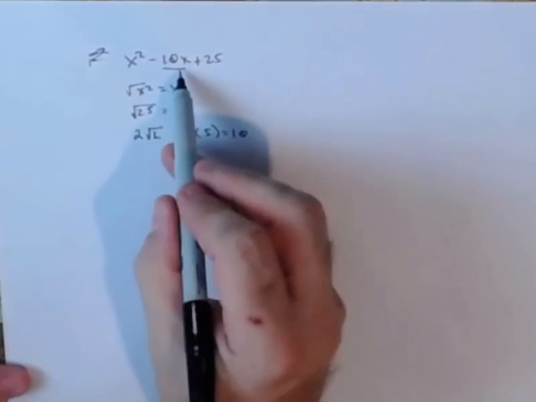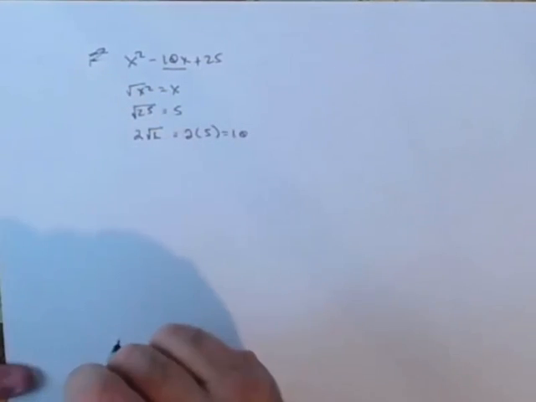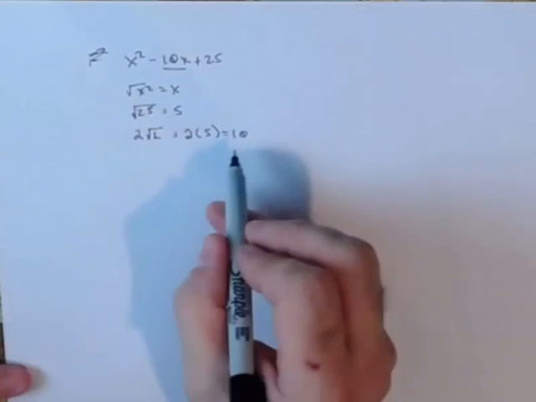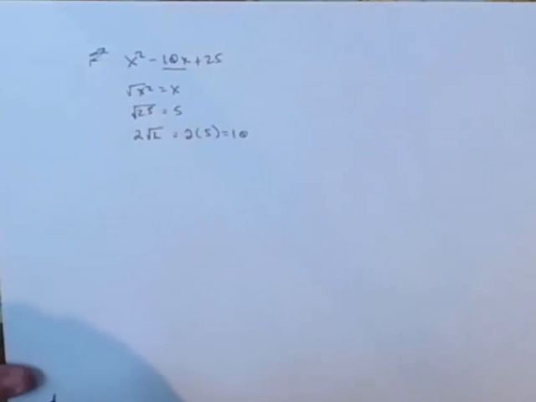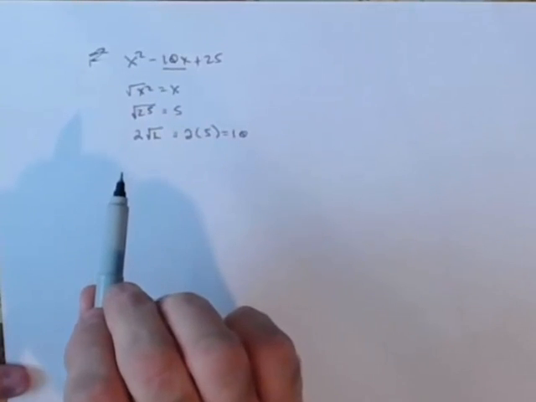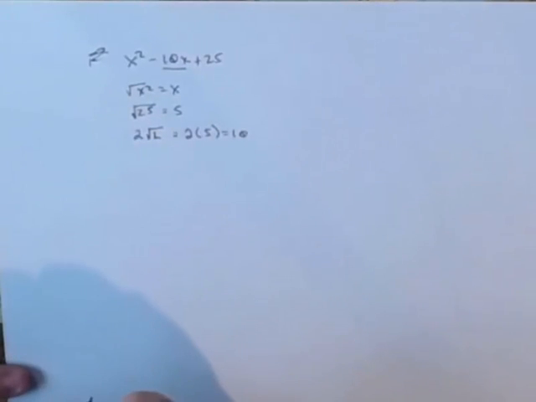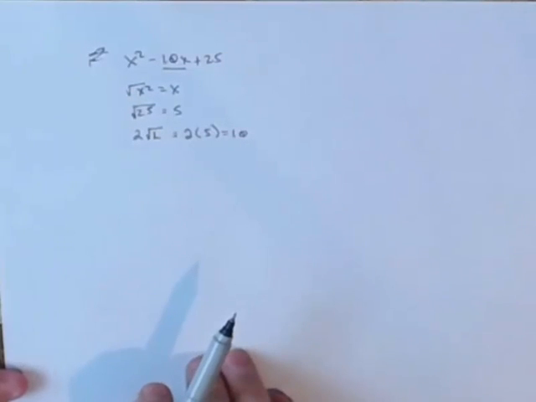Is our middle term 10 times x? It is. So this is a trinomial square, and we can factor it down.